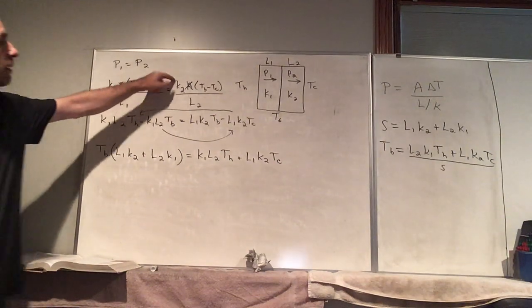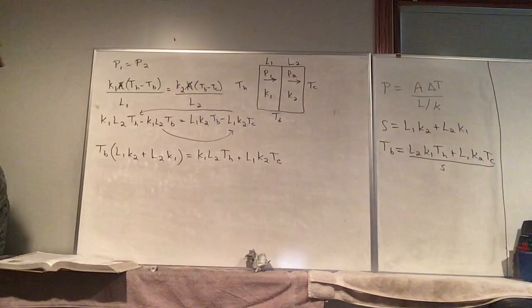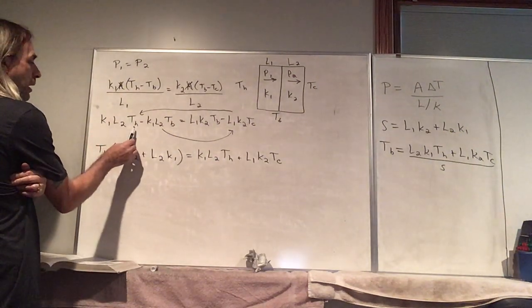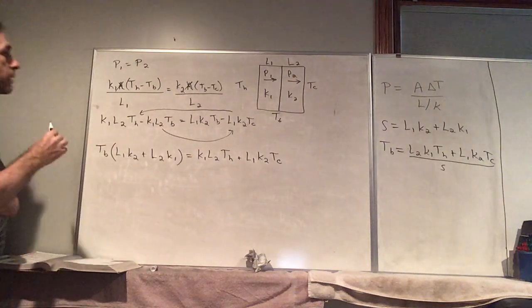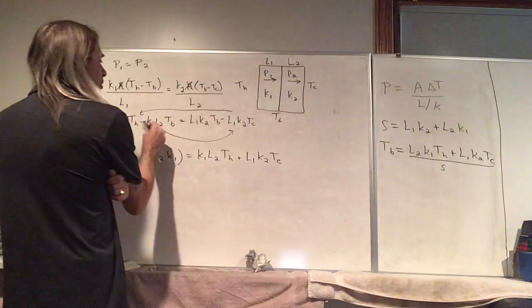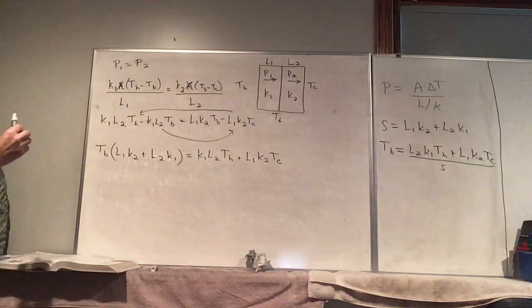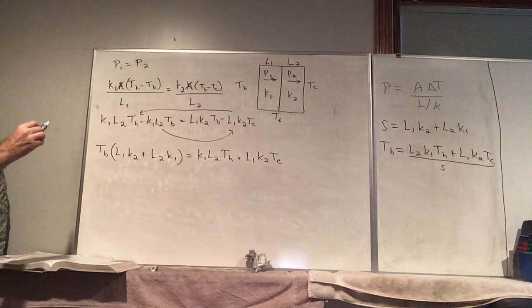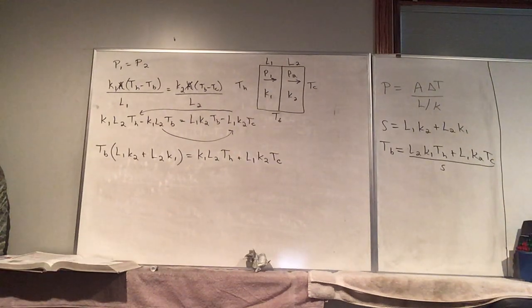That looks good. So K1 L2 TH minus TB. That looks good. This one should be L1 K2 times TB minus TC. So L1 K2 plus L2 K1. That looks good.